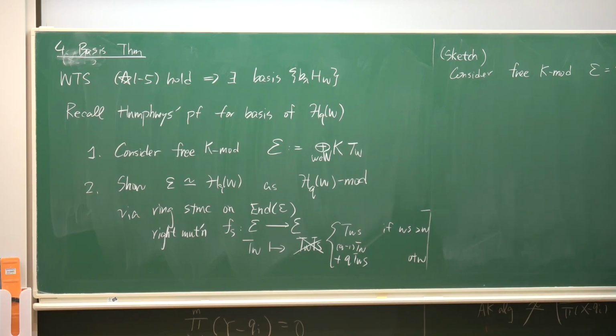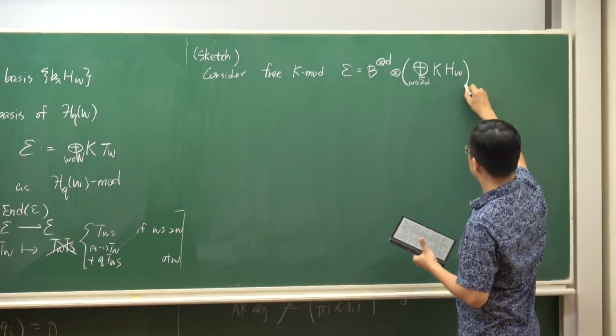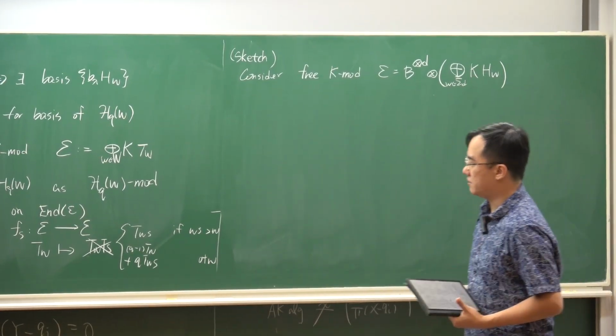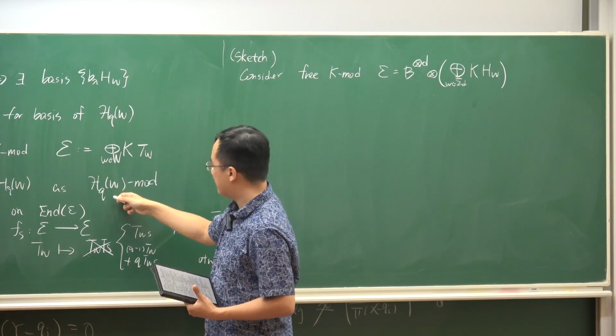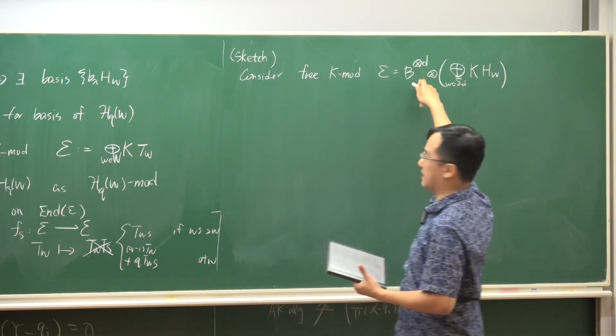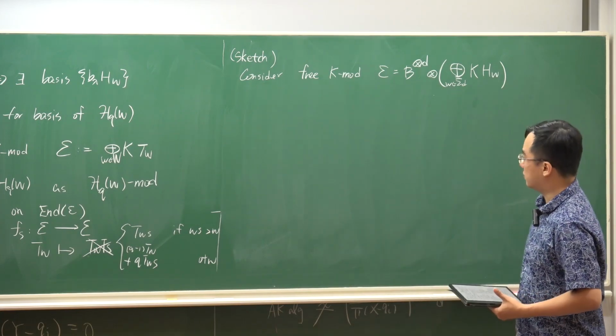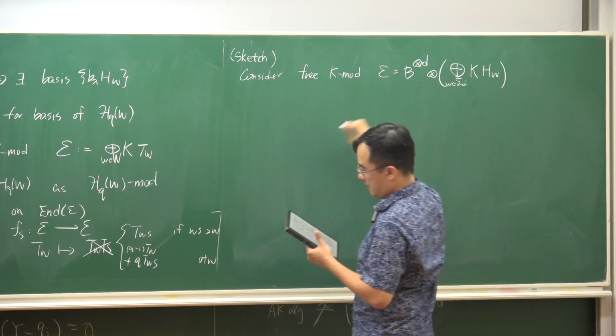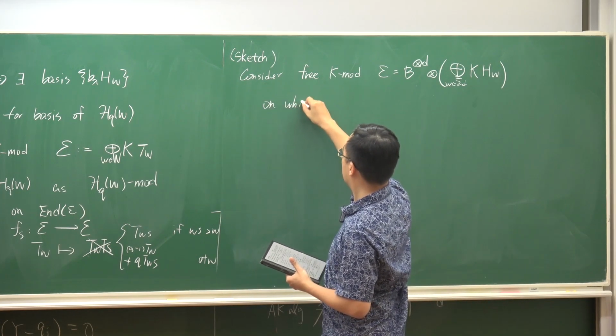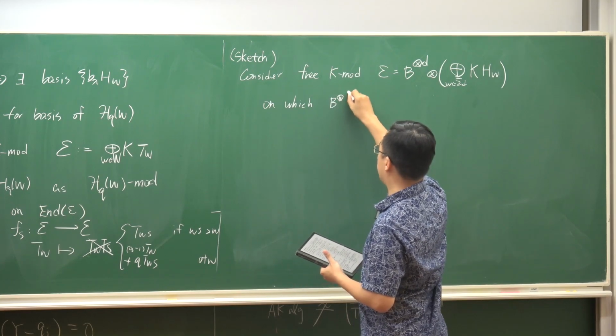So you have the tensor algebra part, and then you need some part corresponding to the H. And then you essentially need to show that there is an A-module structure on this guy. A is the quantum wreath product algebra. So the B tensor D part is easy. You just take a left multiplication.